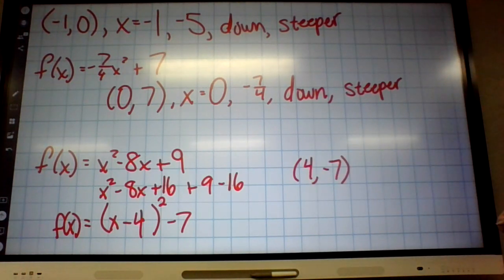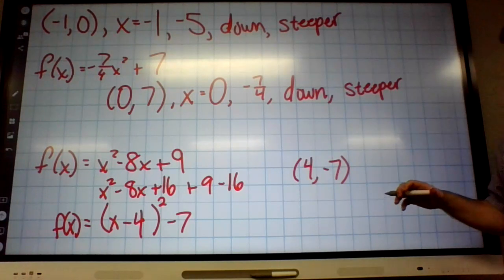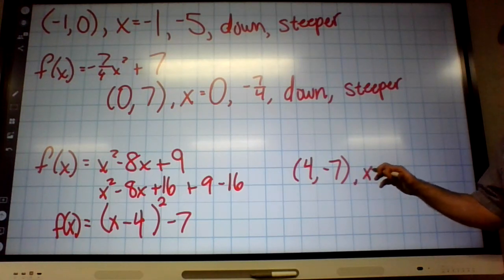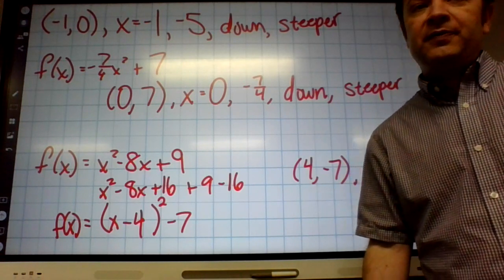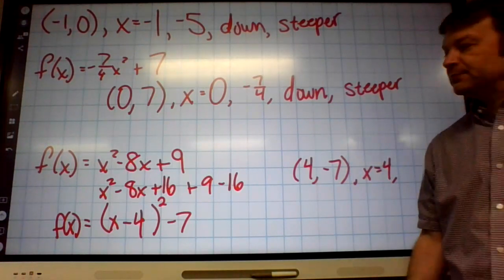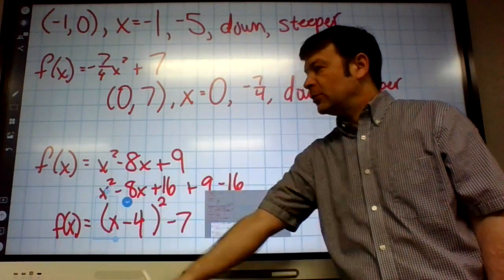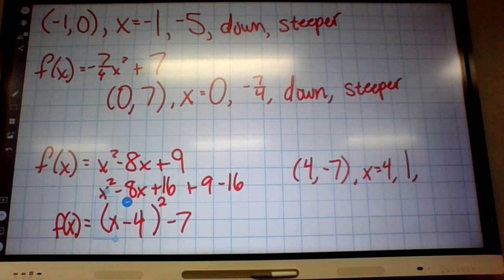Okay, let's see, what was the next question? Oh, what's the line of symmetry? X equals 4. What's the value of A, Owen? 1. What's the next question?